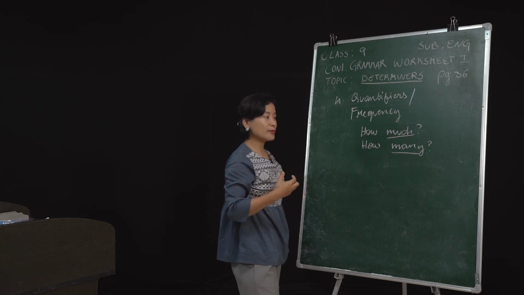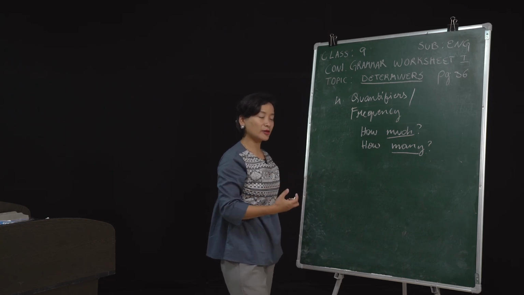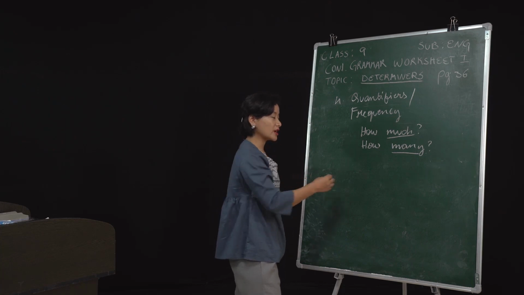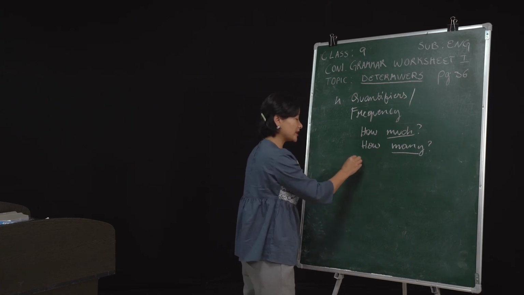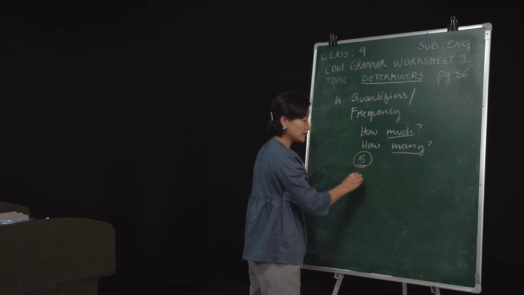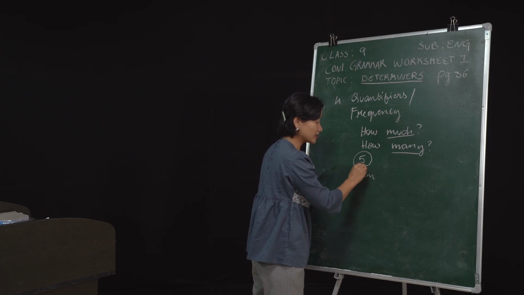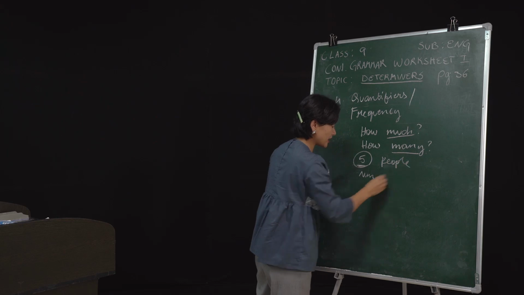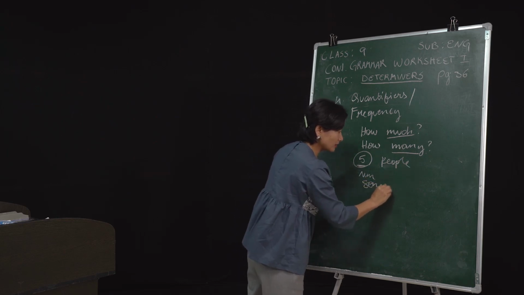You can make a rough sketch of how many, or if you want to be specific, remember we are now coming to the word specific. How many people are there? Let's just say there are 5 people. So these become a number here and we will also come to that. 5 people, or we can say some people, all right?